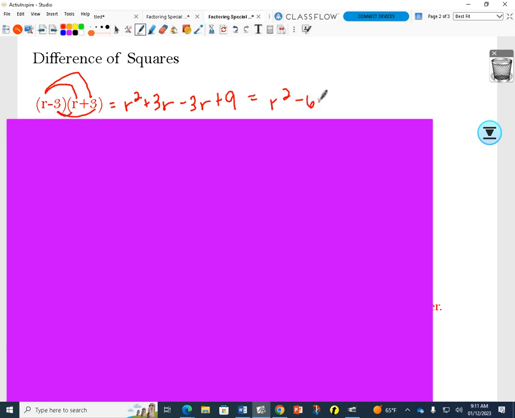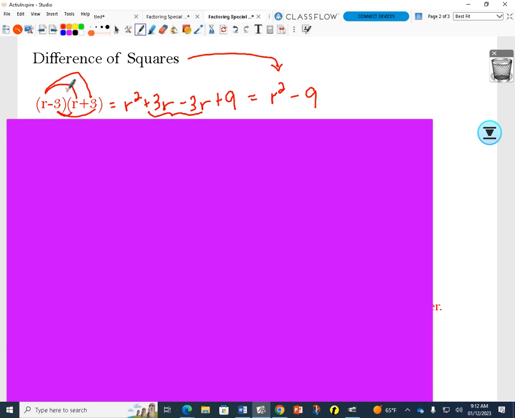So it's plus 3r minus 3r, which is 0, right? So this is the difference of squares. So r squared minus 9. So perfect square minus perfect square. Difference means subtraction, right? Has to be a binomial.